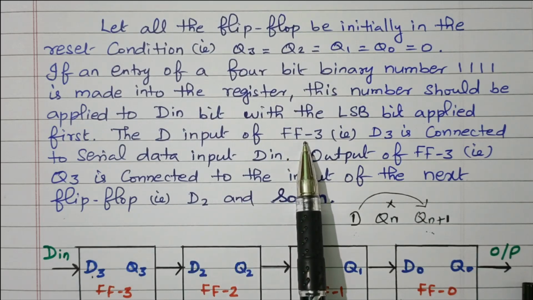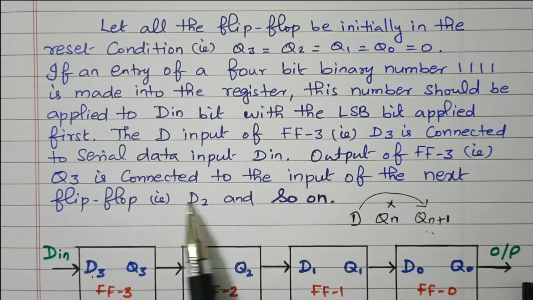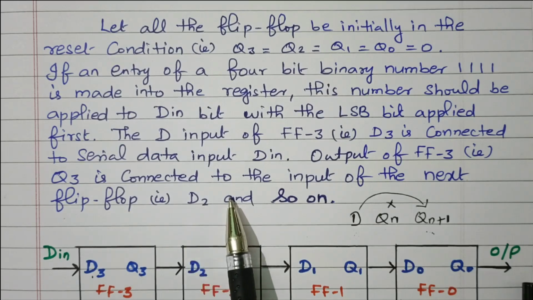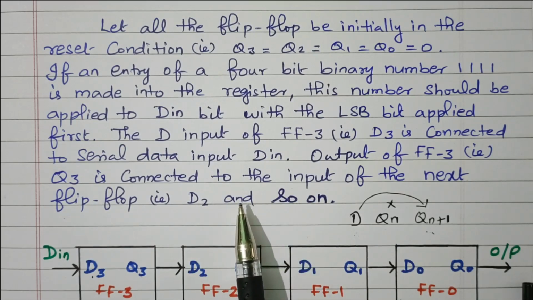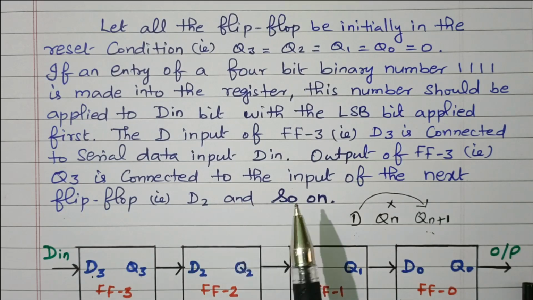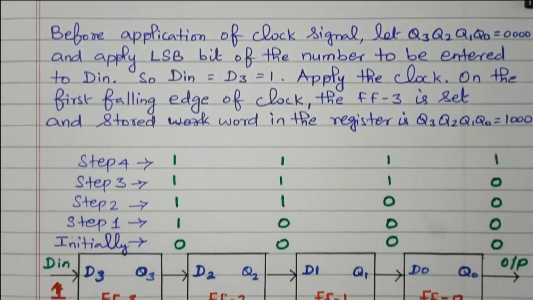The output of flip-flop 3, Q3, is applied to flip-flop 2, the second flip-flop. Then the output of the second flip-flop is applied to the third. Like that it is going, right? The data input is given to the first flip-flop. The output of the first flip-flop is given to the second, then third, fourth, like that. That is the order. Now we'll see what happens if the data is given to the flip-flops.